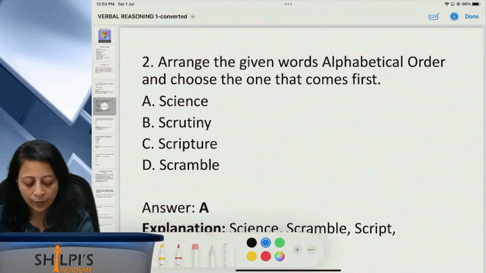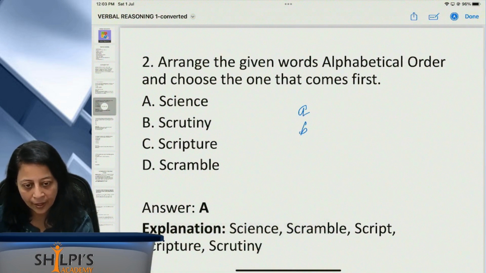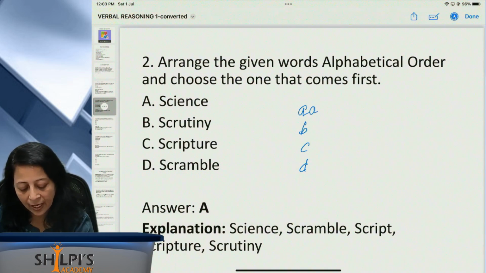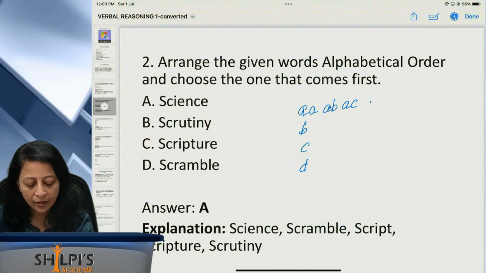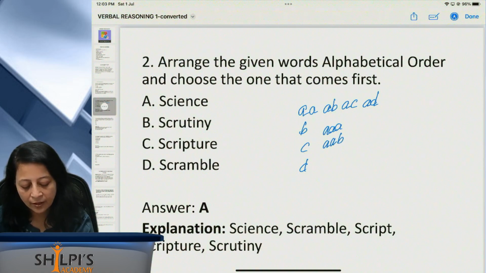We know that if it is in alphabetical order, it will be like A, B, C, D. Suppose then it will come as A, then AB, AC, AD, then comes AAA, then AAB, AAC, likewise it goes on.